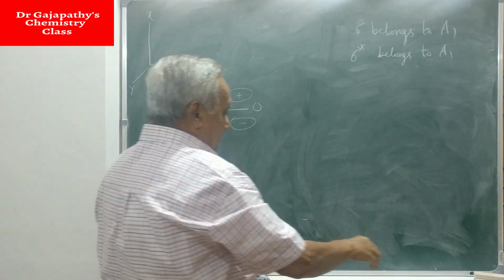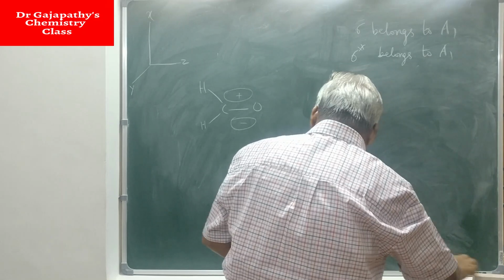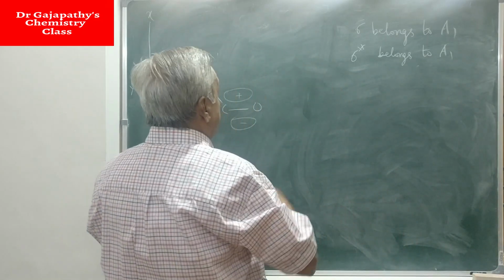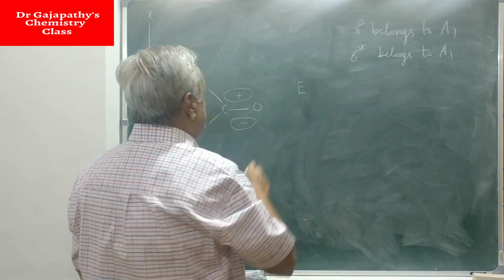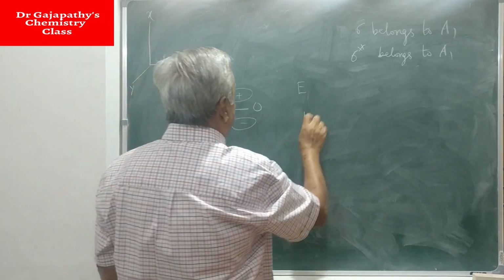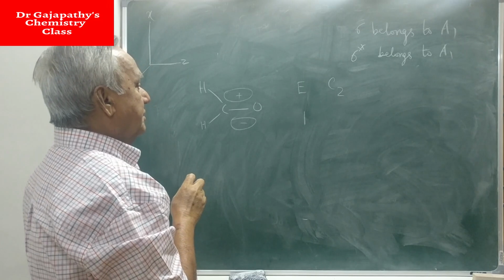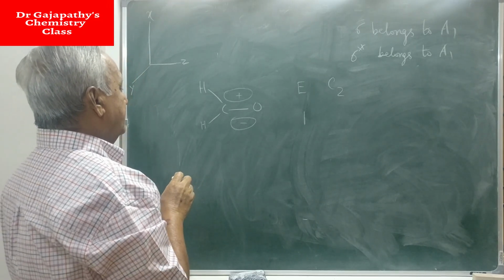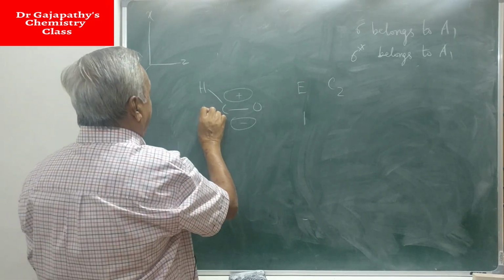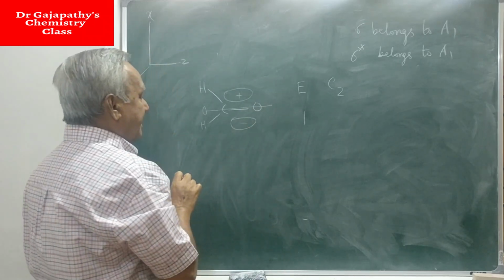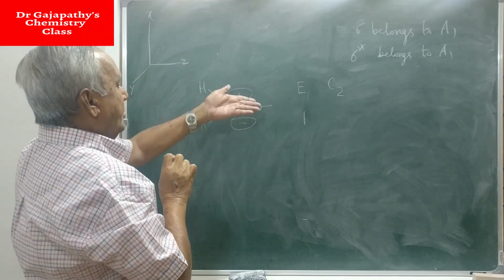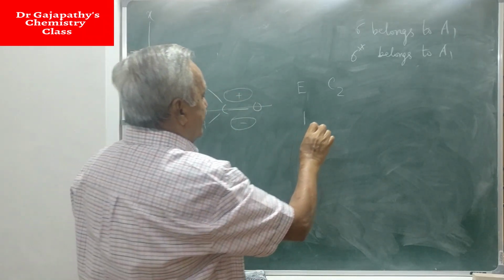I carry out identity operation. Nothing happens. I carry out a C2. That means this z-axis is the axis I set. I give a 180 degree rotation, it will become -1.